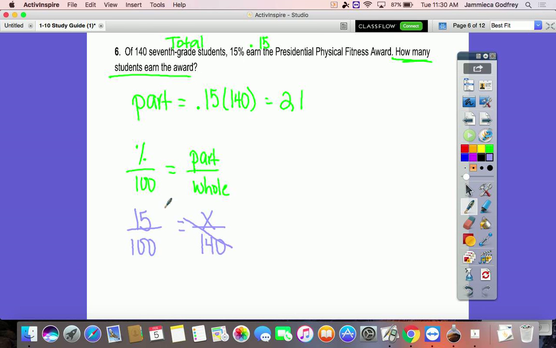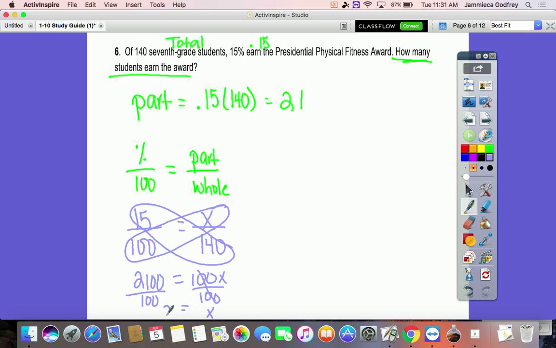You're going to cross multiply here. Then divide by 100 on both sides to get your X by itself, and X will equal 21. And that's your answer. So those are the two ways.